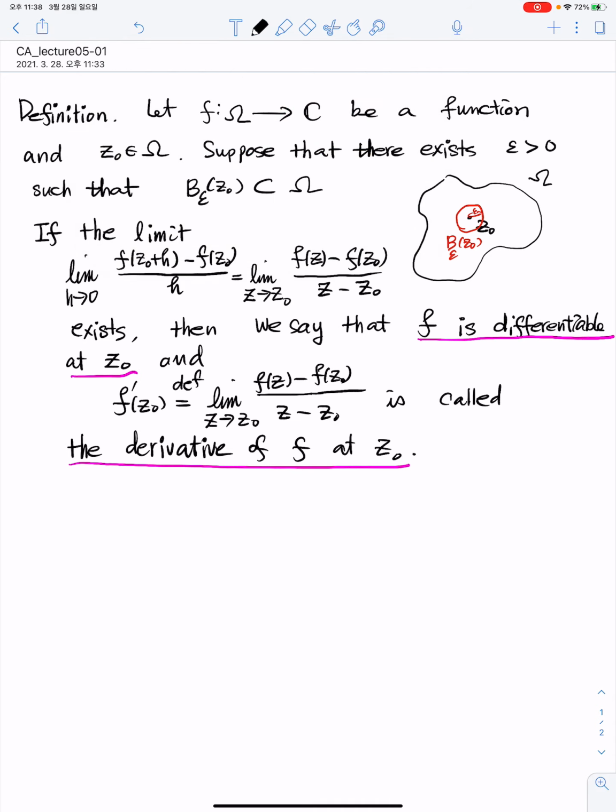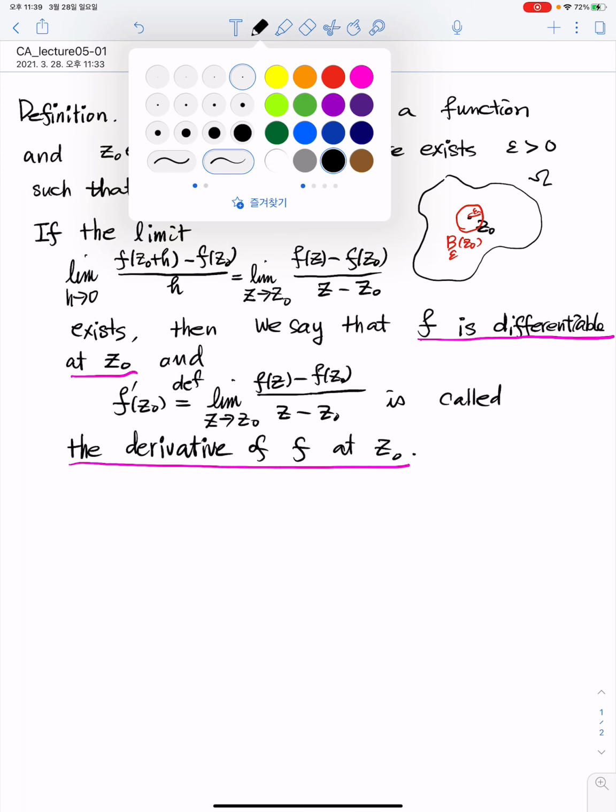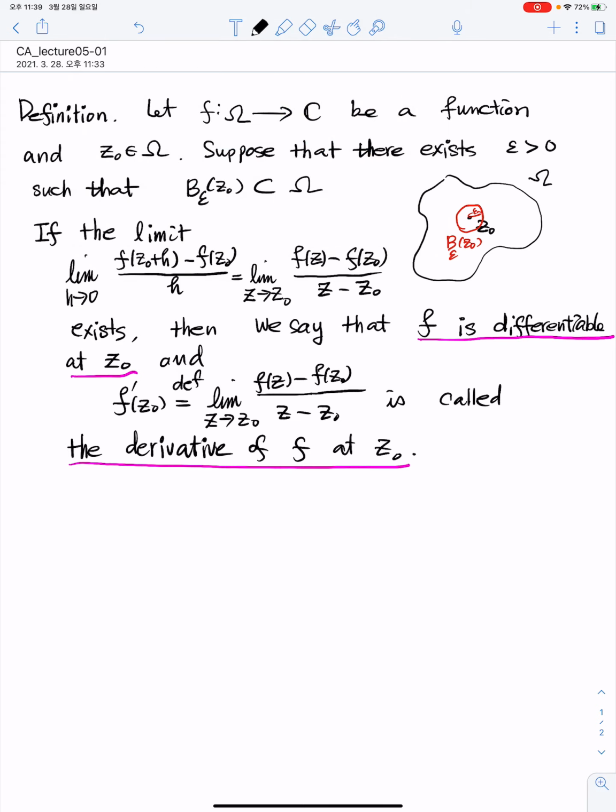Okay, so this is what we learned last time. And one remark. Let me see. So do we have another definition?